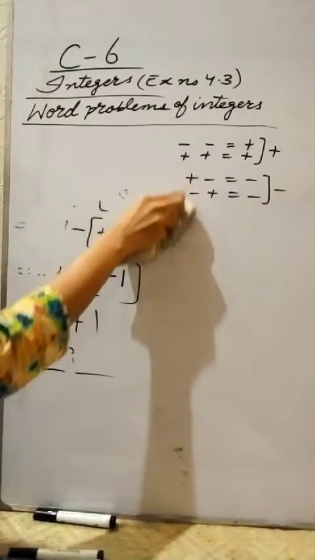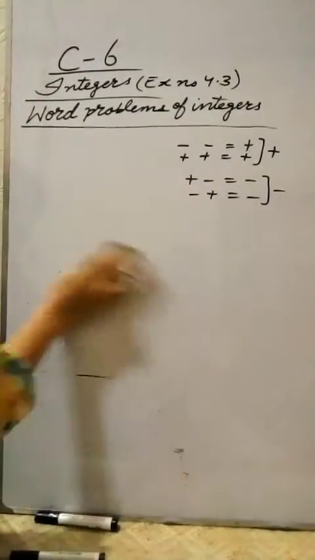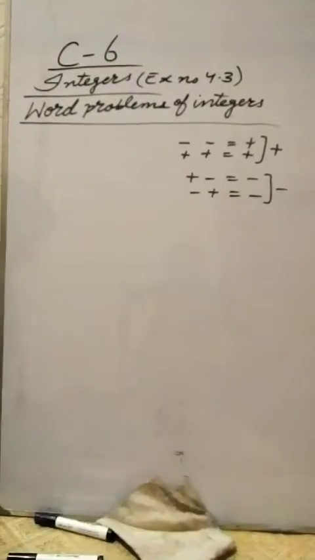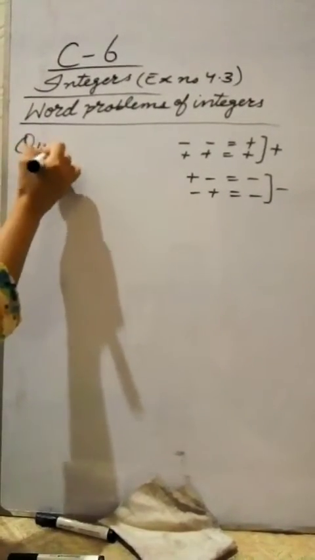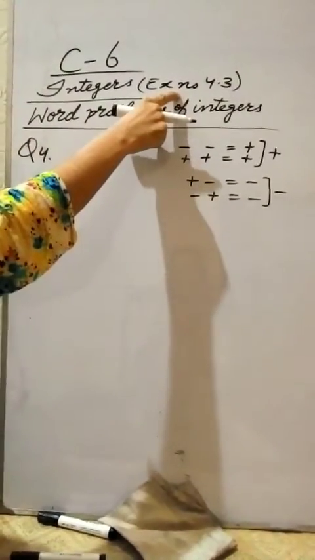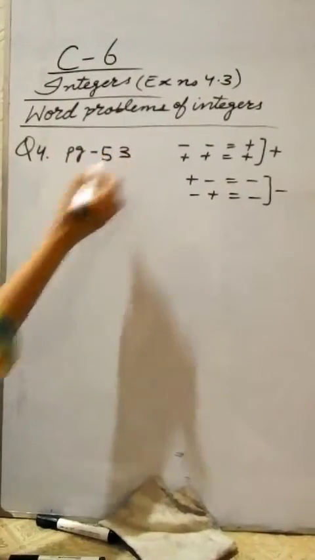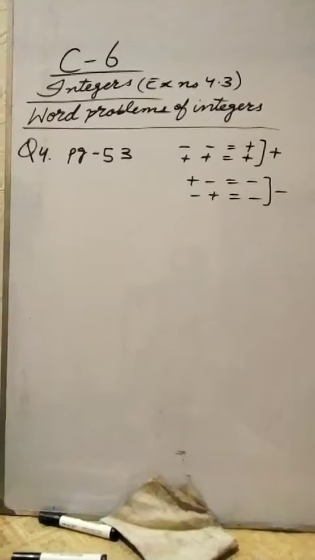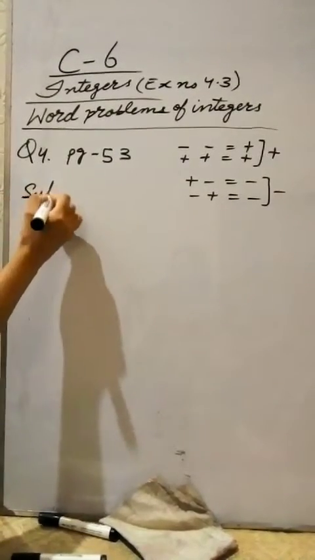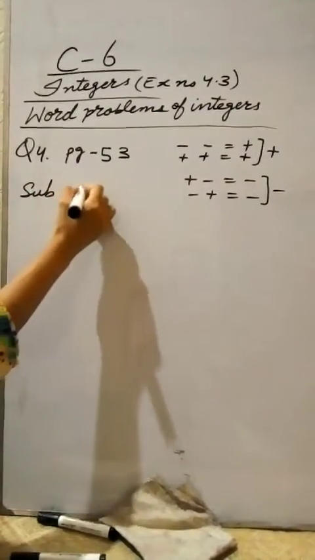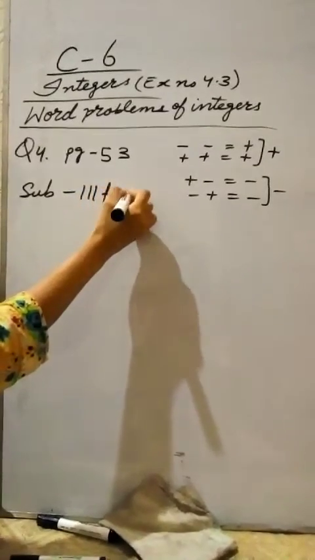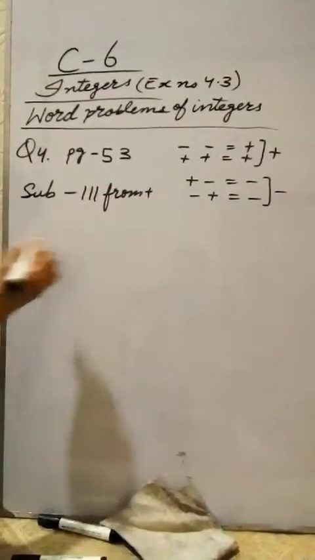Now I am solving the word problems. Question number 4 of exercise number 4.3, page number 53, and the question is: subtract minus 11 from plus 11.